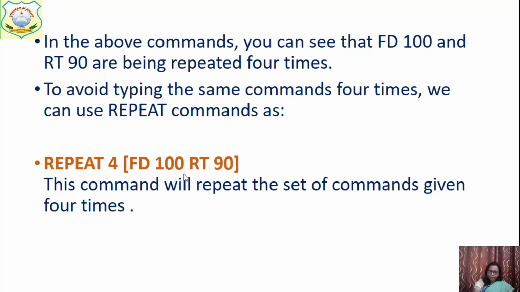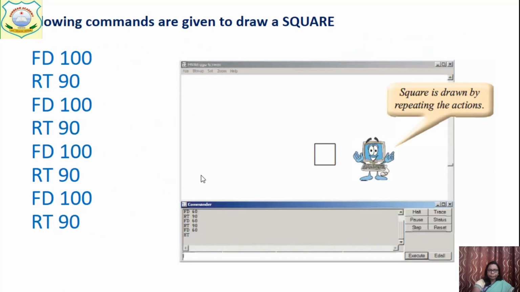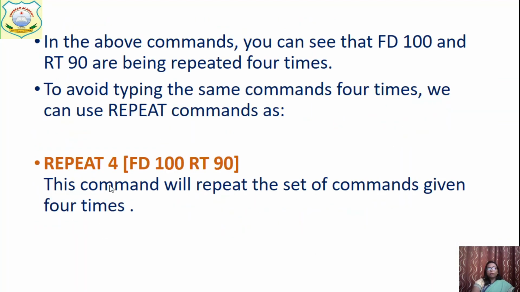So what will the repeat command do? The repeat command will repeat these commands that you want to execute as many times as you want. Here we are repeating 4 times, so we have written 4. Okay, a square has 4 sides, so we are repeating the same commands 4 times.